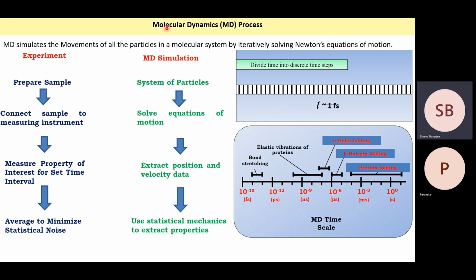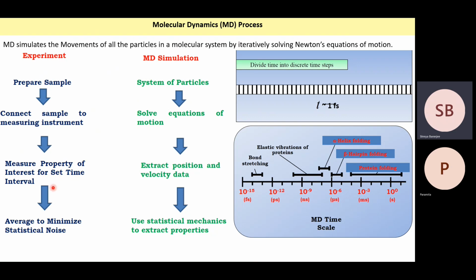So this is the basic process of molecular dynamics simulation, compared to the experimental process. In the experiment, you prepare the sample, and then you connect the sample to the measuring instrument, like, say, an NMR spectrometer or a cryo-electron microscope. And you measure a certain property for a set time interval.